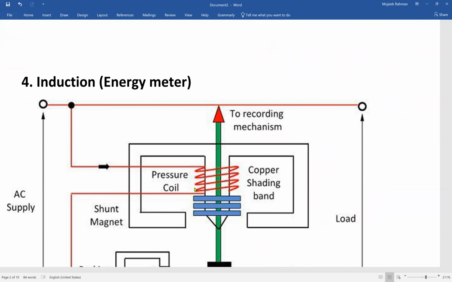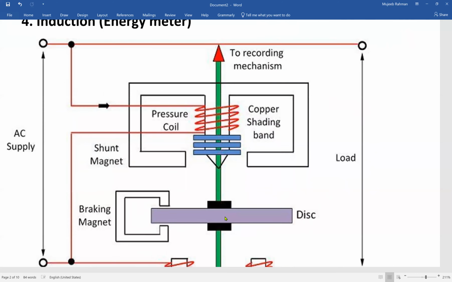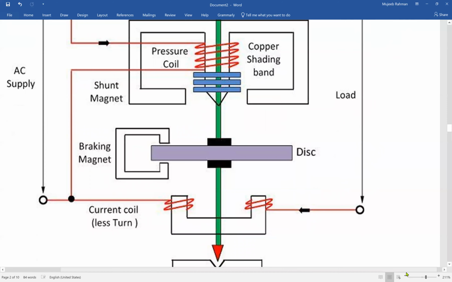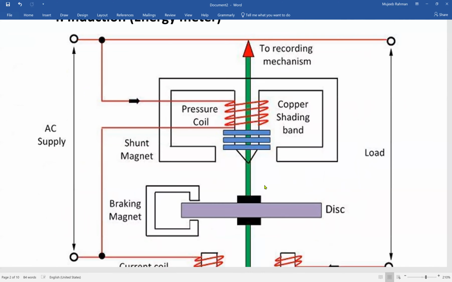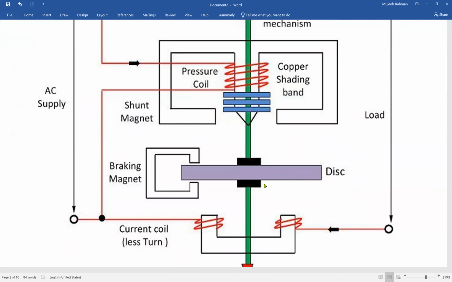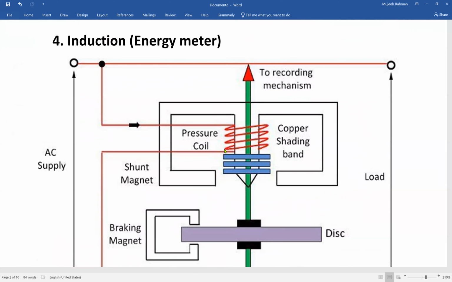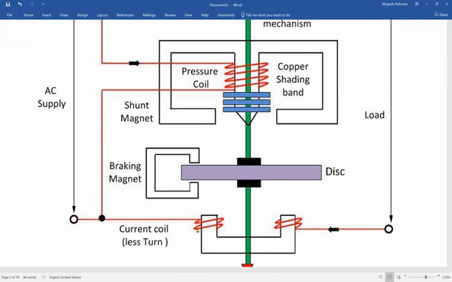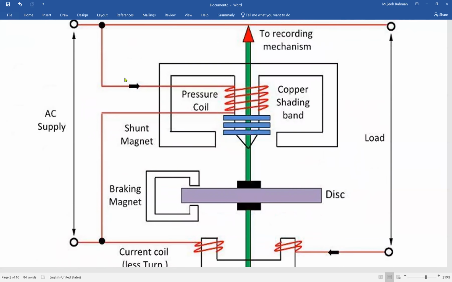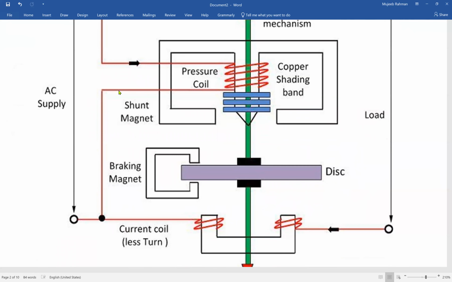All right. Next, we are talking about the fourth kind of instrument, called the induction type instrument. This instrument uses the principle of electromagnetic induction. In this method, which uses a technology similar to the earlier one, we use a pressure coil and a current coil. The pressure coil is normally connected across the terminals, so it measures the voltage, whereas the current coil measures the load current.